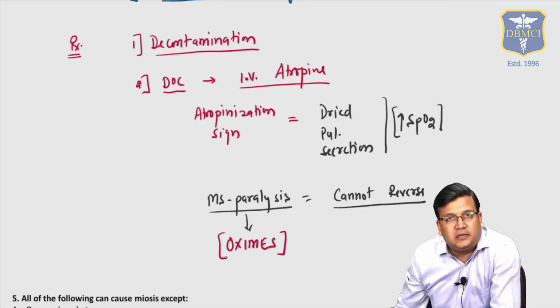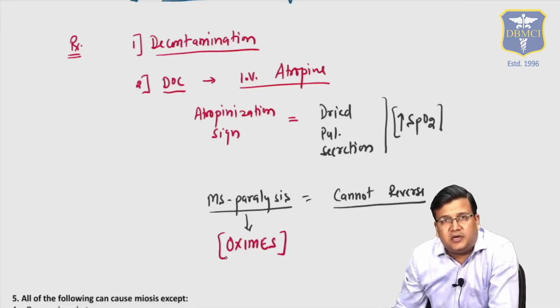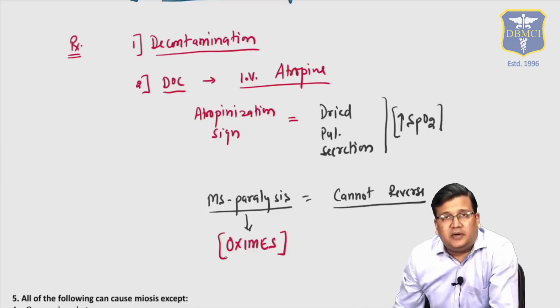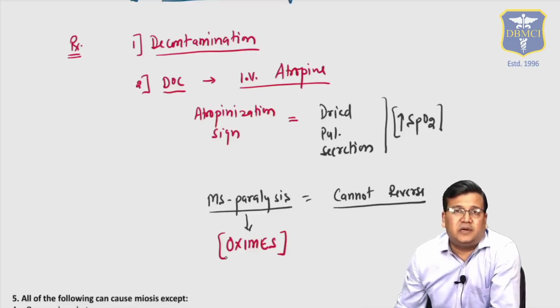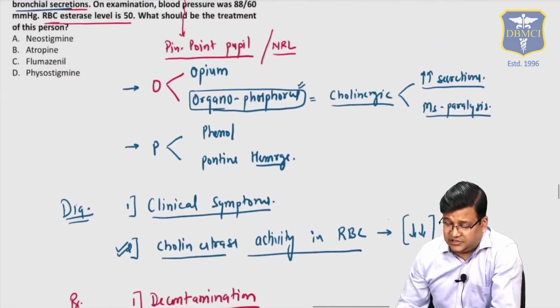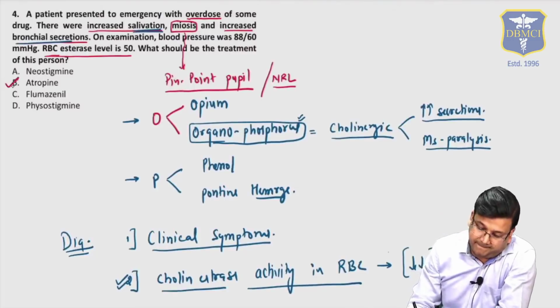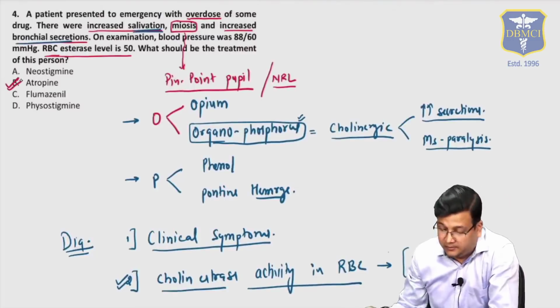Pralidoxime or diacetyl monoxime, they are indicated to treat mainly skeletal muscle or diaphragmatic paralysis, because this is a nicotinic symptom and atropine cannot reverse it. So this is the treatment. Decontaminate, give atropine multiple times, and if needed, if there is diaphragmatic paralysis, continuing muscle paralysis, give oximes. So this is what the question is asking. I think the treatment is simple. Answer is B, atropine.